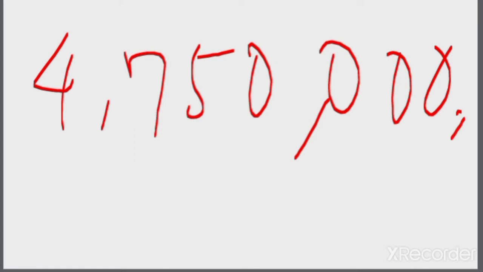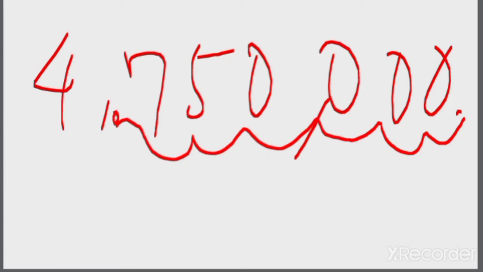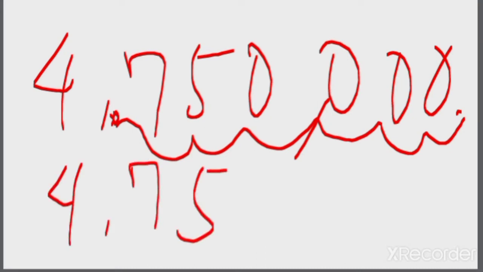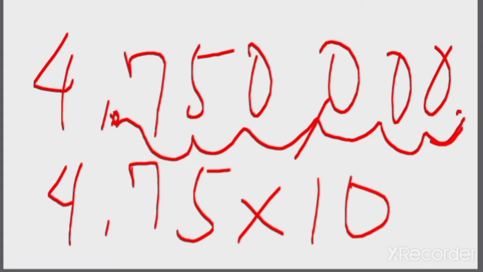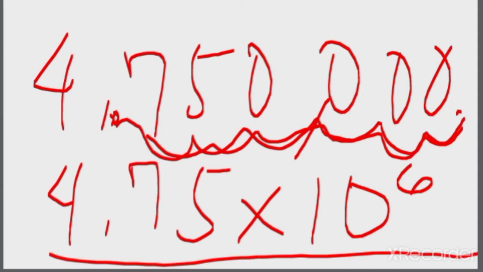Then we move it to the left, so that we have the non-zero digit number. So we have 4.75 times 10 to the power of, we have 1, 2, 3, 4, 5, 6 moves. So to the power of 6. So our scientific notation for 4,750,000 is 4.75 times 10 to the power of 6.